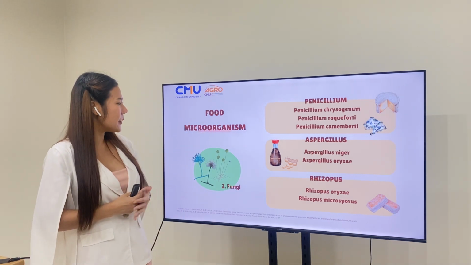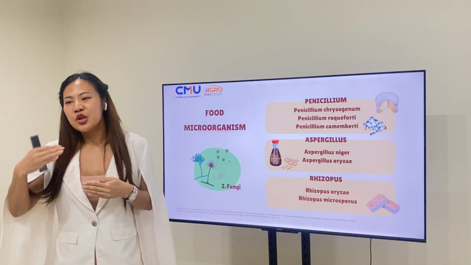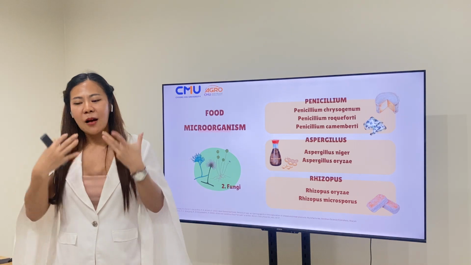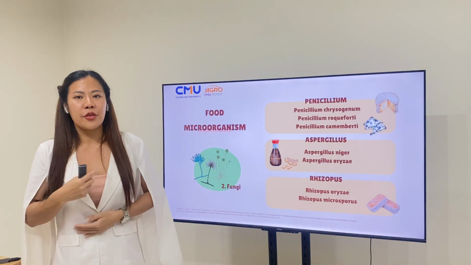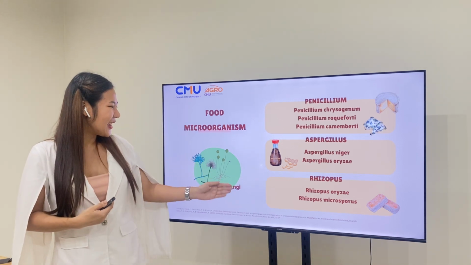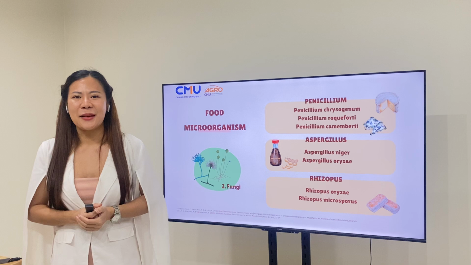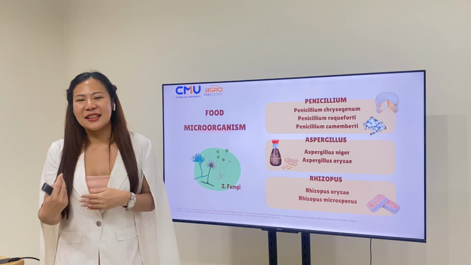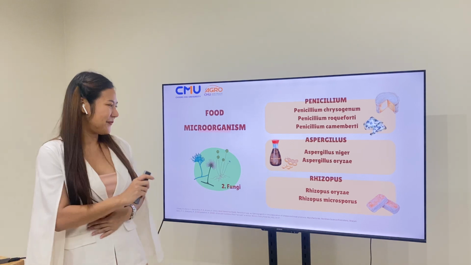Aspergillus is usually used in soybean fermentation, for example, soy sauce and natto. The last one is Rhizopus, normally used in tempeh production.